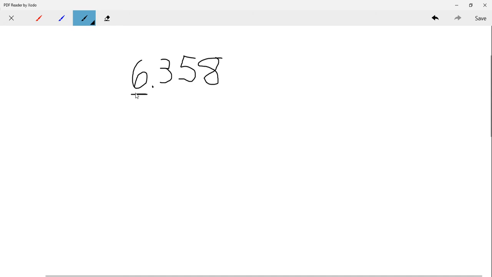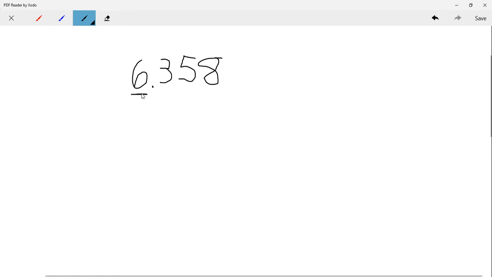Now, rounding to the ones is exactly the same as saying rounding to the whole number. If you're rounding to the nearest whole number, or estimating using the nearest whole number, that is the same as rounding to the ones. So if you ever hear rounding to the nearest whole number, it just means rounding to the ones.